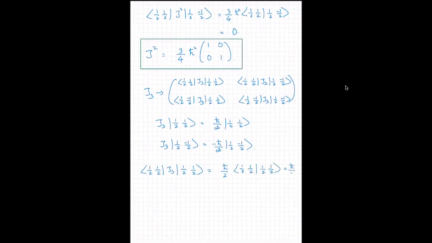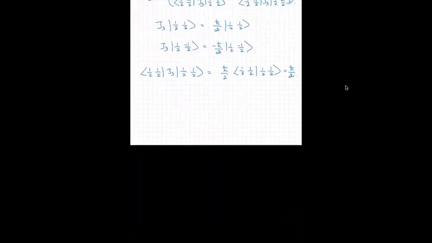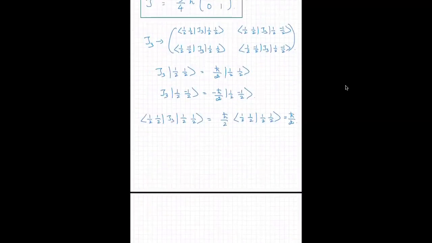So this is h bar over 2. If I look at any off diagonal element like ⟨1/2,-1/2|J3|1/2,1/2⟩, again J3 acting on this ket gives me the same thing, and this will be the overlap of the orthogonal eigenkets, and this will be 0.